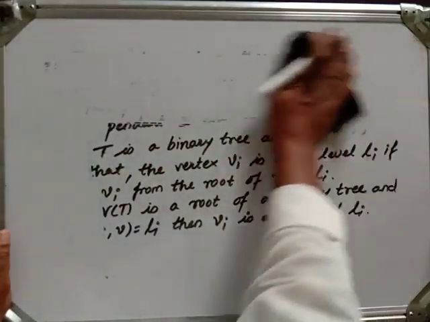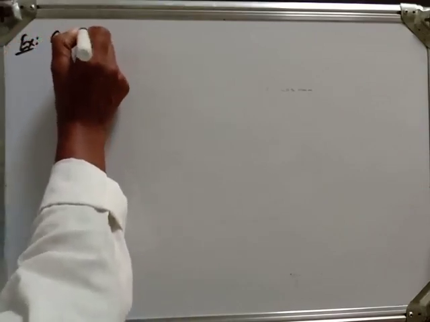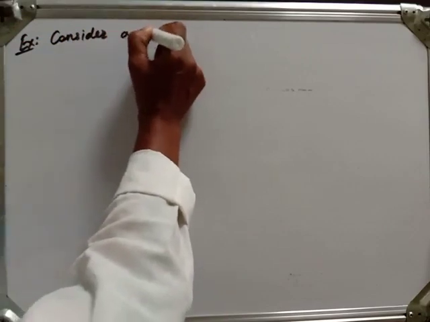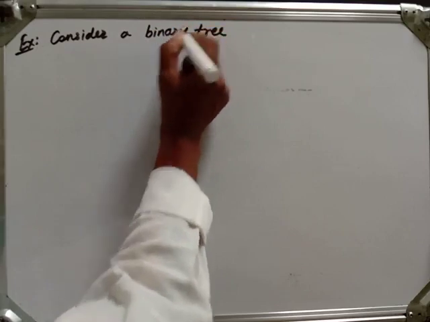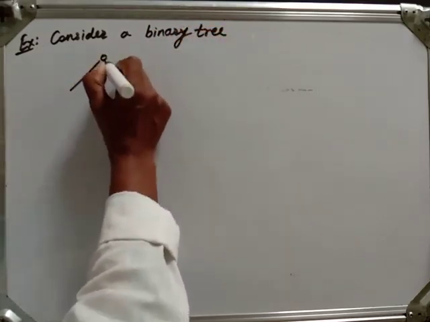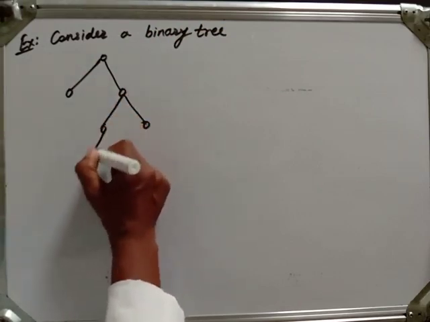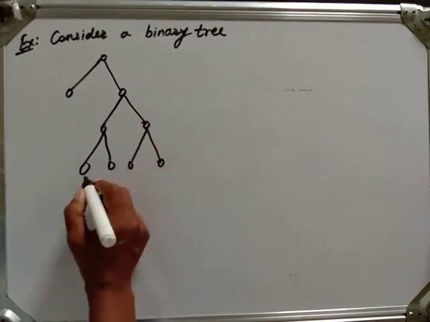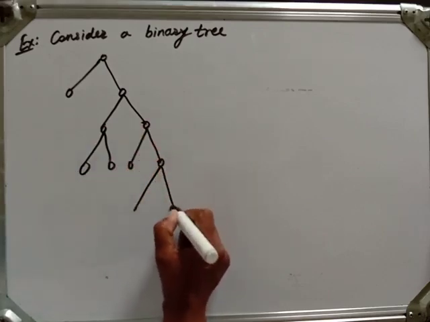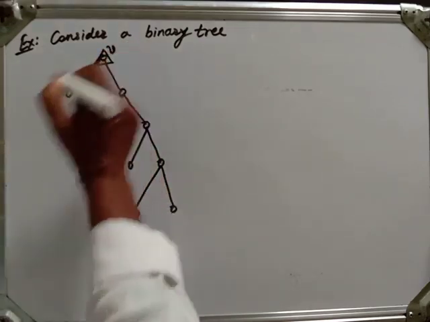First, the level of a binary tree. Now consider a binary tree, suppose this one. Suppose here this is a vertex V. It is obviously a root.